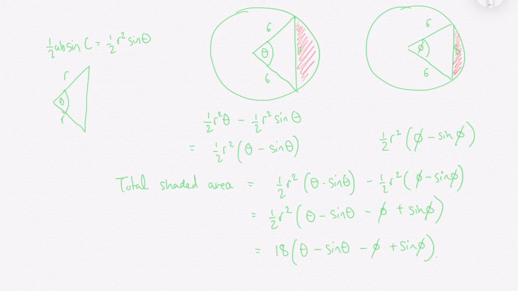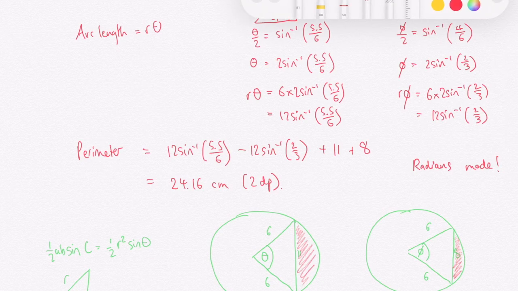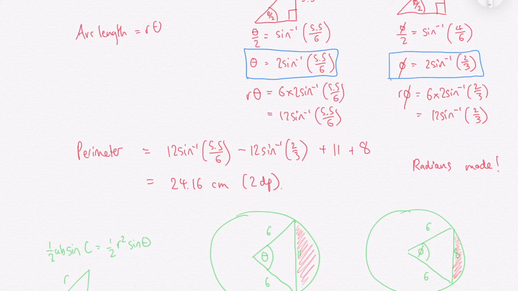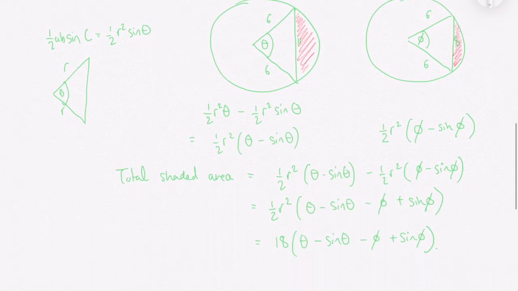But we've also calculated phi and theta, as given above. Making those substitutions into this equation, we can calculate the total shaded area.